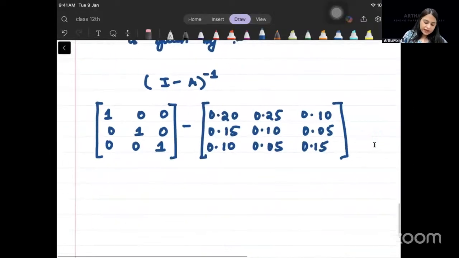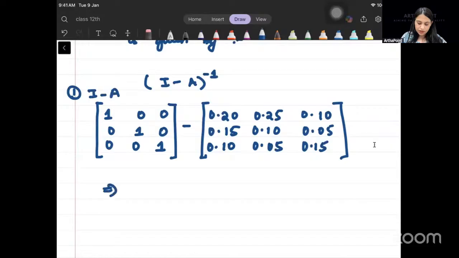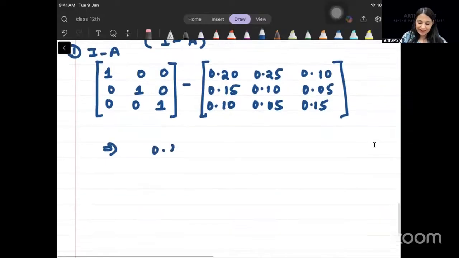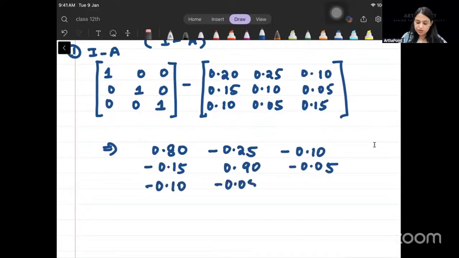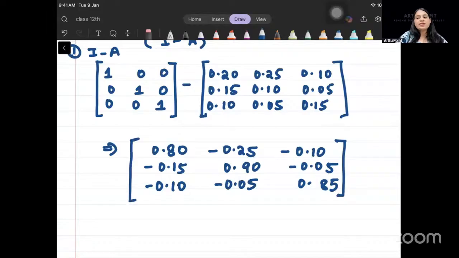Okay. So if I find I minus A, this is step 1. I am finding I minus A. So this is going to be 0.80, minus 0.15, minus 0.10, minus 0.15, 0.90, minus 0.05, minus 0.10, minus 0.05, 0.85. This will be your I minus A.